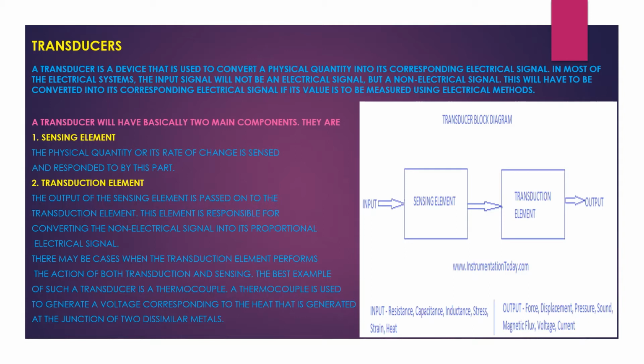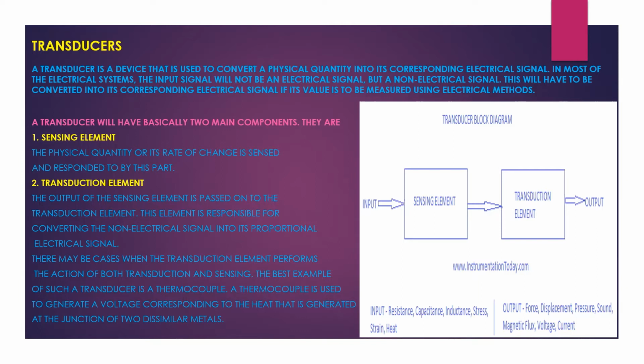So when heat is produced, a voltage will be produced across its two terminals. That means heat energy is converted into corresponding voltage, right? So what we have done is converted a non-electrical quantity such as heat into an electrical quantity. So that is the basic idea which we will take further to understand transducers.